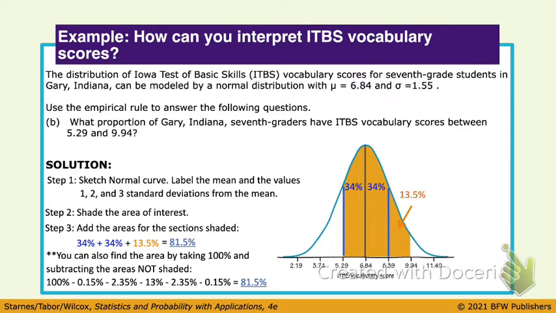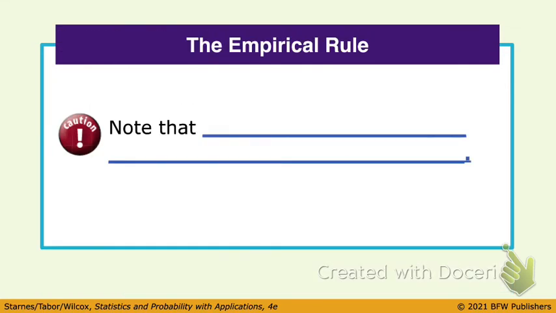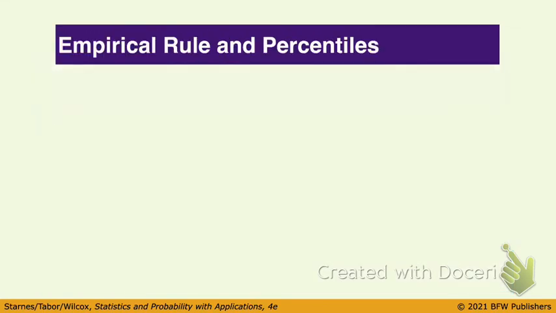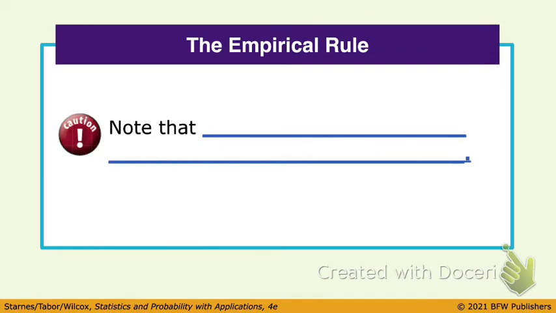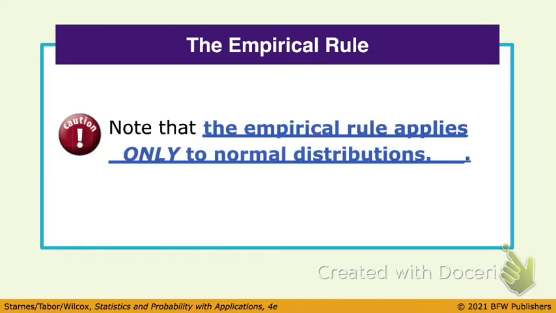So again, normal distributions are bell-shaped. Can't use base times height, so I have to use something like this. This is the empirical rule. Note that the empirical rule applies only to normal distributions.